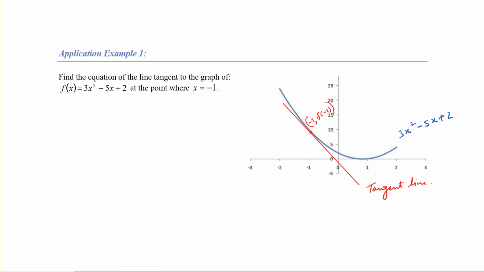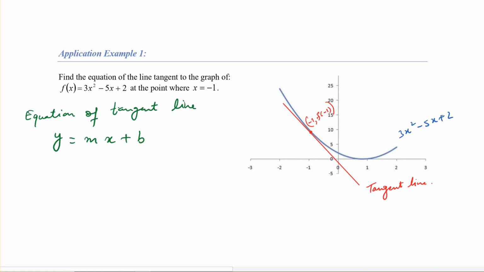We know that the equation of any line, or in this case the tangent line, is given by y equals mx plus b, where m is the slope of the tangent line and b is its y-intercept.